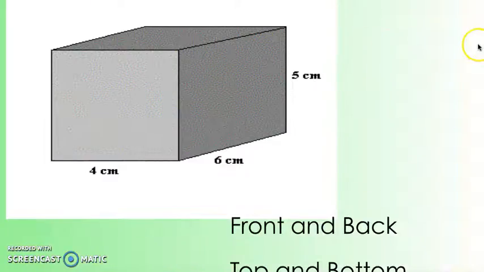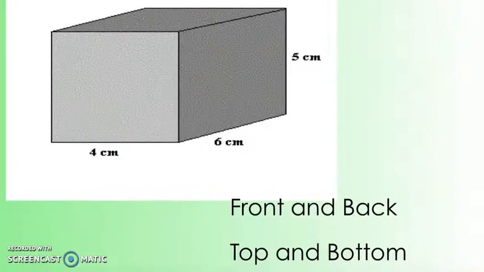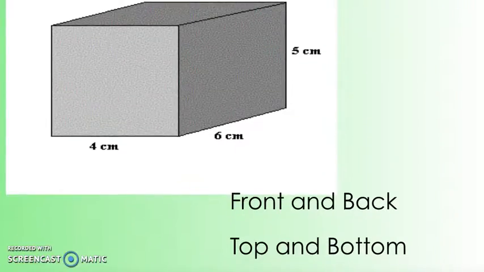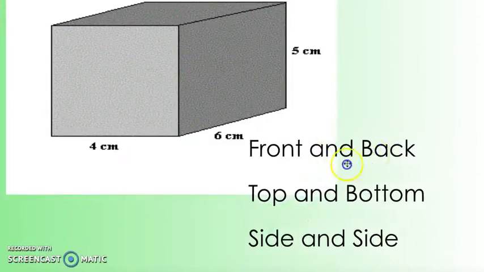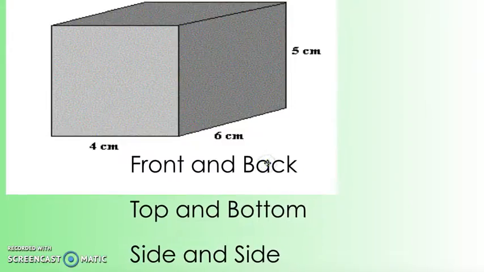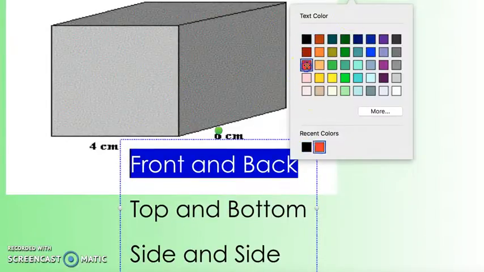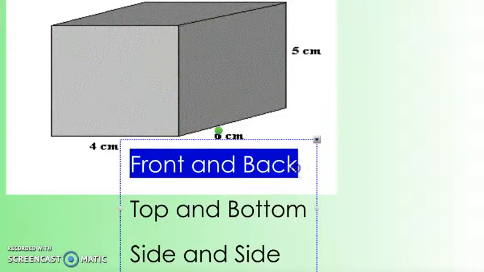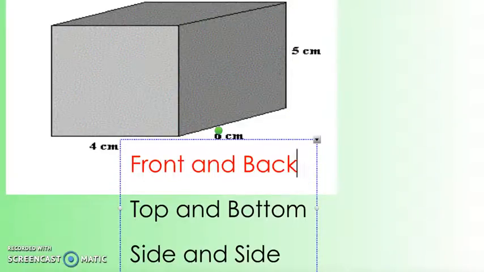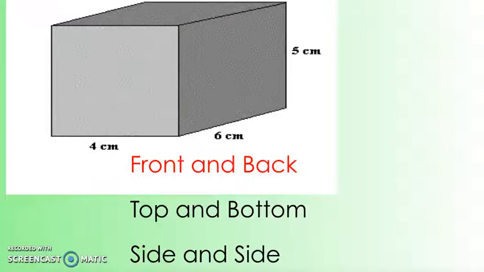So let's look. Here is a rectangular prism. If I wanted to find the surface area of this, I need to separate the front, back, top, bottom, side, side. Let's start off with the front and the back, and we are going to highlight this with red.